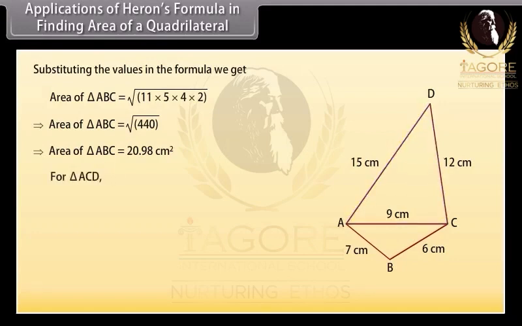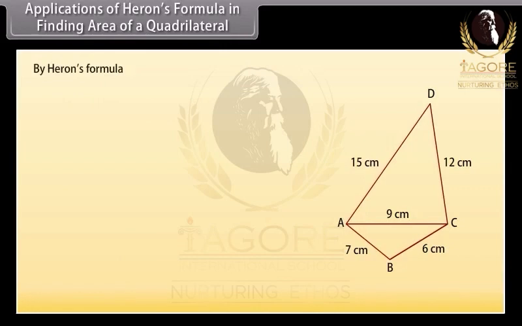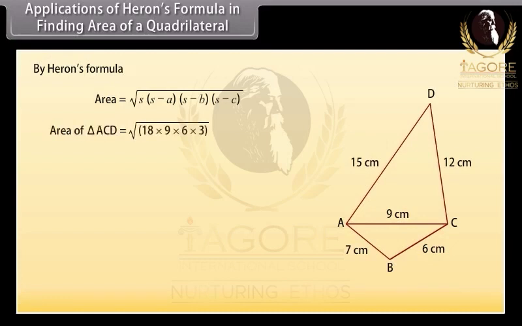Now for triangle ACD, S is equal to (9 + 12 + 15) upon 2, which is equal to 18 cm. By Heron's formula, area is equal to square root of S into (S minus a) into (S minus b) into (S minus c). Therefore, area of triangle ACD is equal to square root of 18 into 9 into 6 into 3.